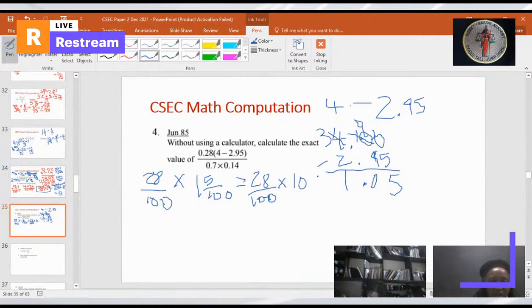So 105 over 100. All right. When we multiply them, so multiply the 28 times 105. Yeah.